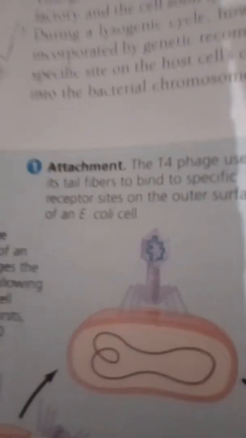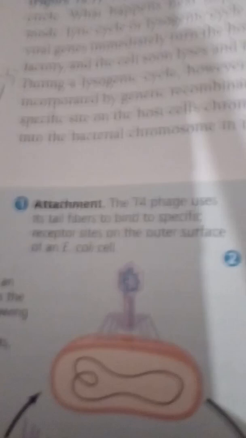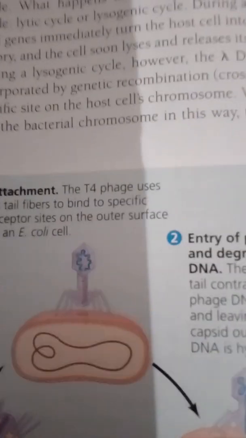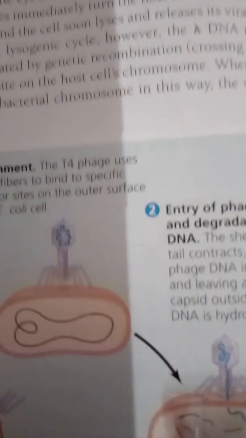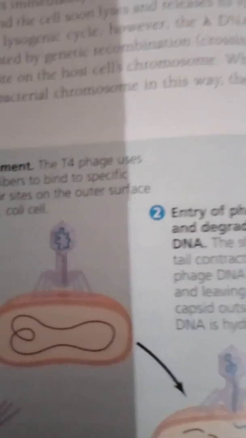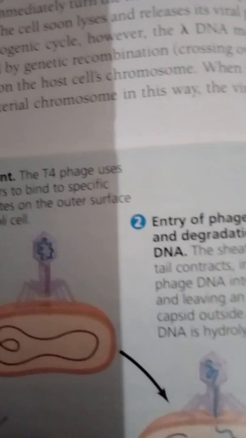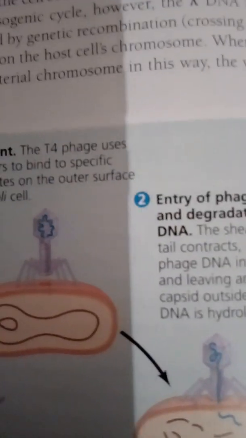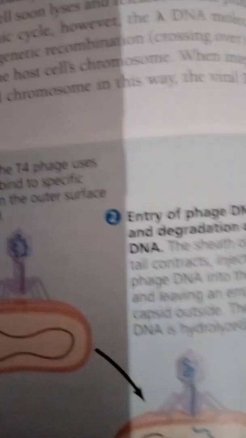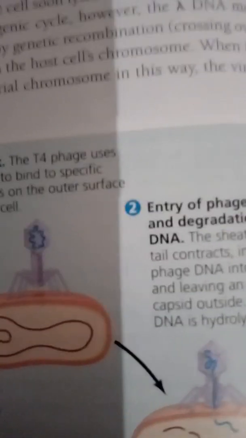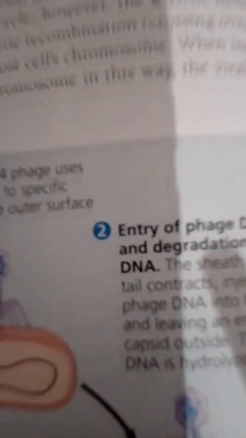The phage DNA is protected from breakdown because it contains a modified form of cytosine that is not recognized by the enzyme. The entire lytic cycle, from the phage's first contact with the cell surface to cell lysis, takes only 20 to 30 minutes at 37 degrees Celsius.